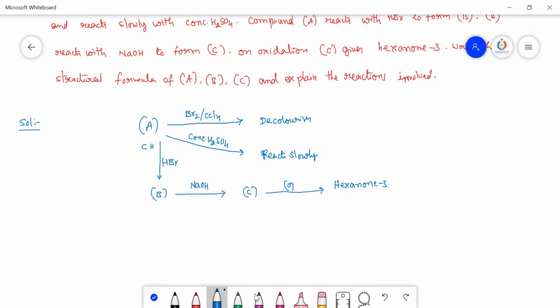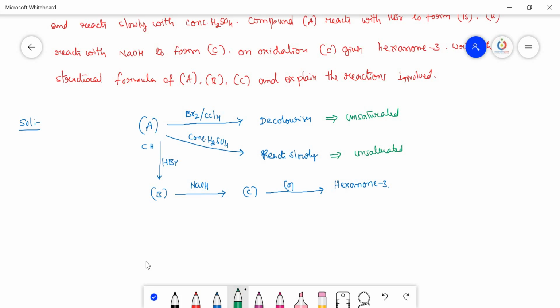It is easy to understand that compound A reacts with bromine in CCl4. Decolorization means this compound must be an unsaturated compound. And reacts slowly with sulfuric acid also suggests that it is an unsaturated compound.